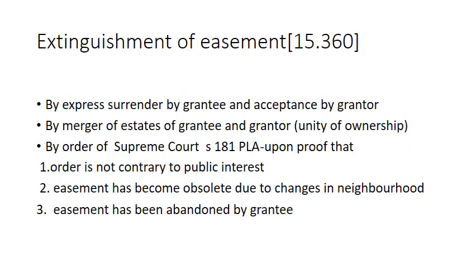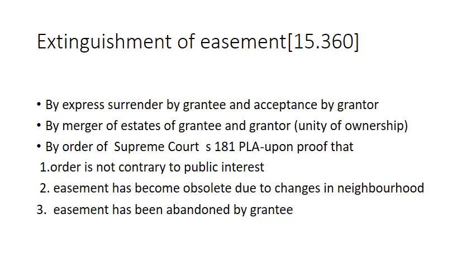We now should look at the extinguishment of an easement. We've looked at how they're created, and of course, because they can be created, they can be extinguished as well, and they may no longer be needed.